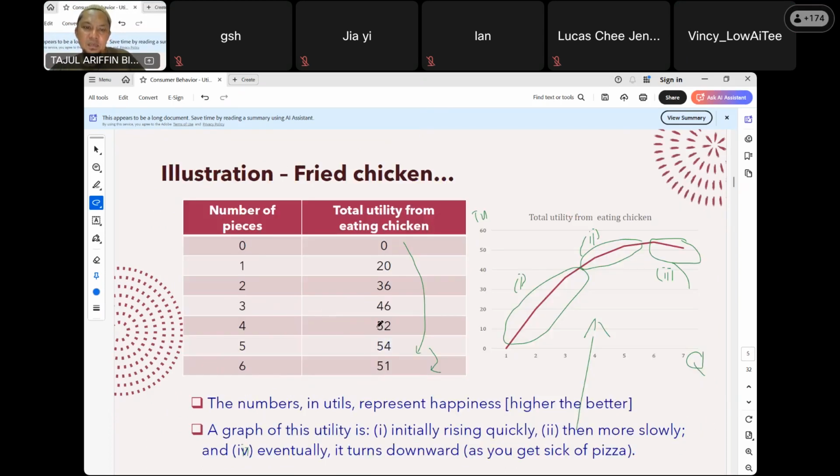My point is simple. As I mentioned earlier, where do these 20, 36, 46, 52 come from? Anyone? Yeah, close. Assumption, or your own personal belief, or perceived benefit. I mentioned perceived benefit just now.